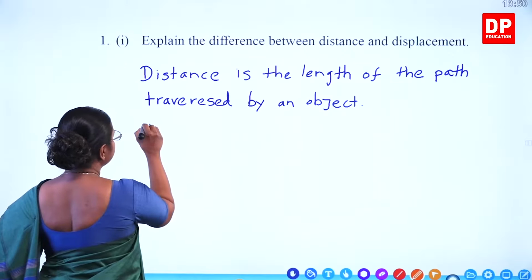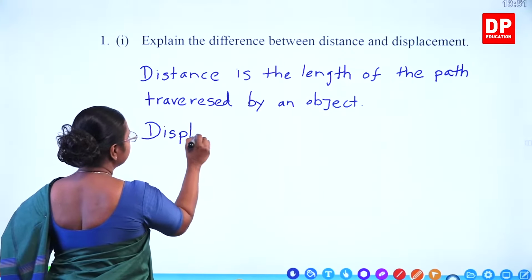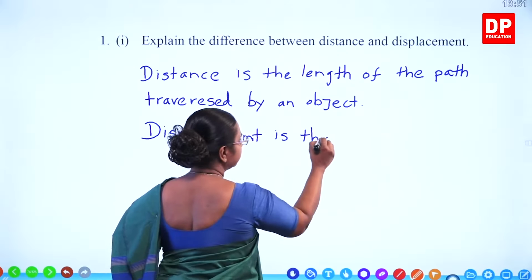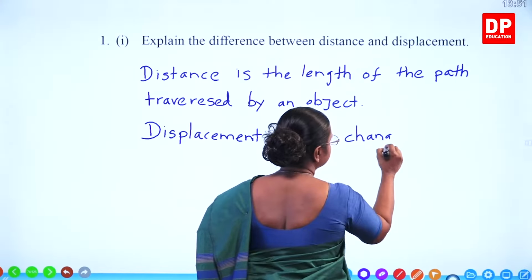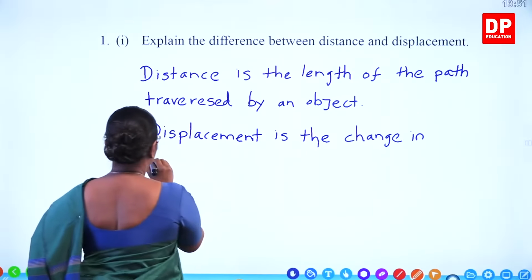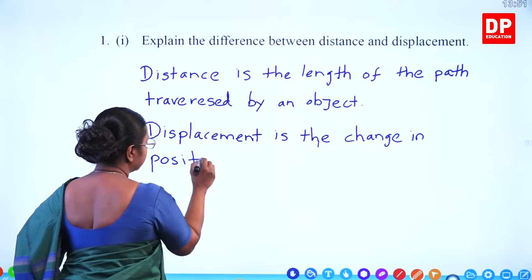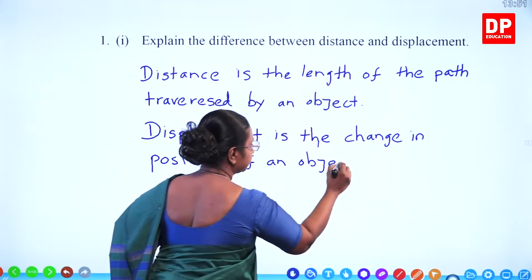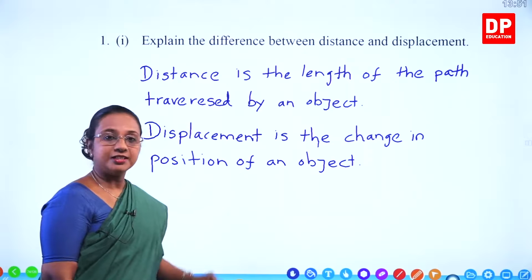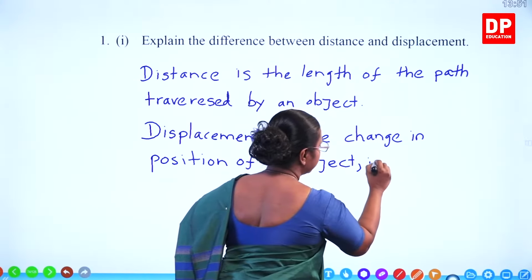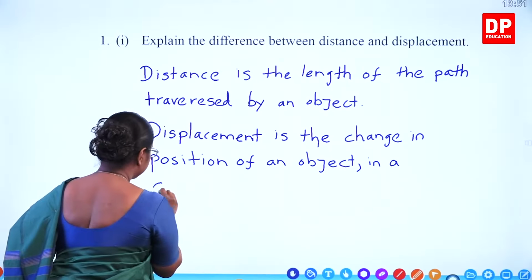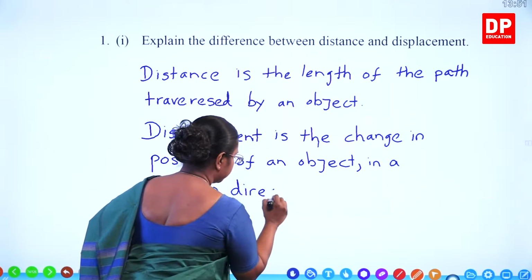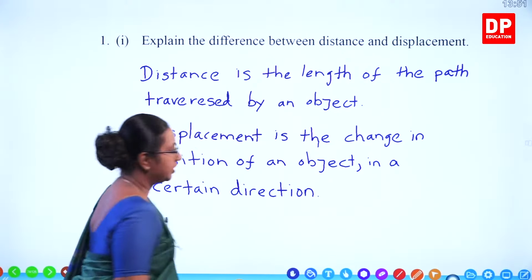So here we define displacement as, displacement is the change in position of an object in a certain direction.